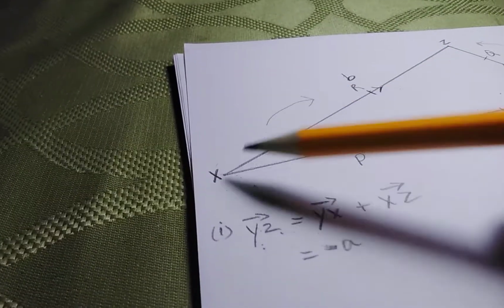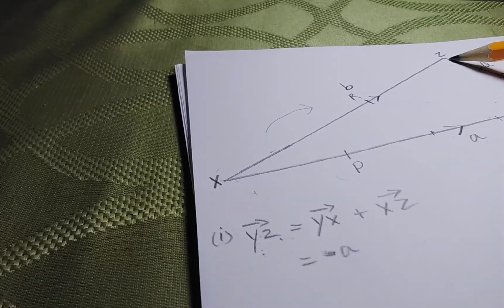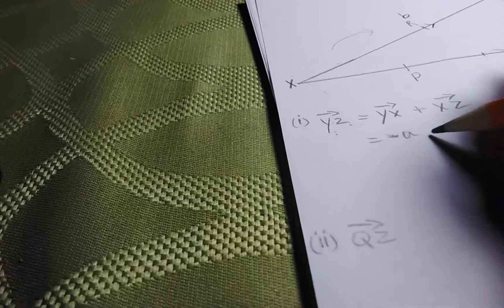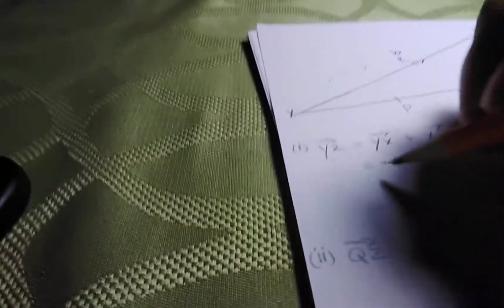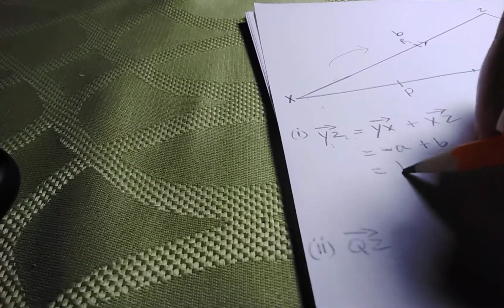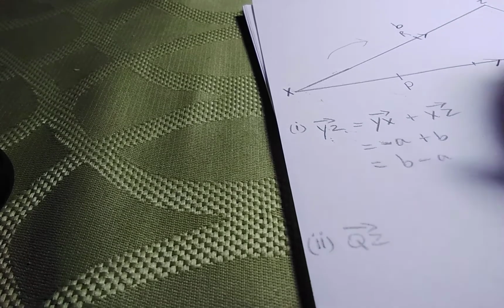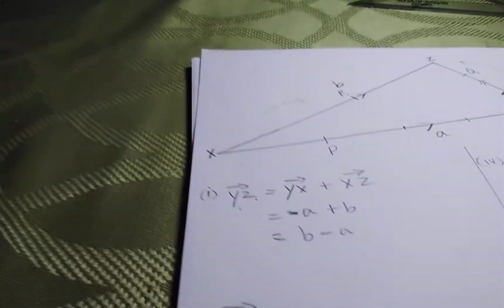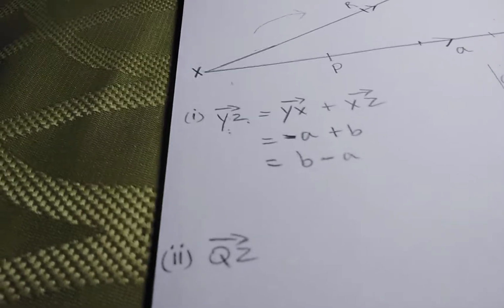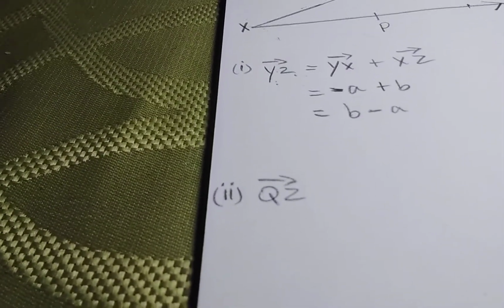And then XZ is b. So it's minus a plus b, or you could put the positive first and put b minus a. Any of the 2 will work. Easy cheesy.